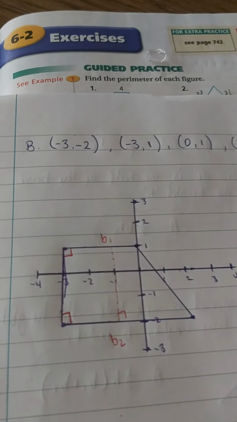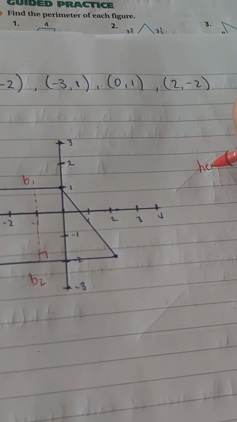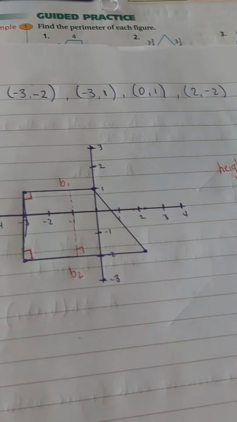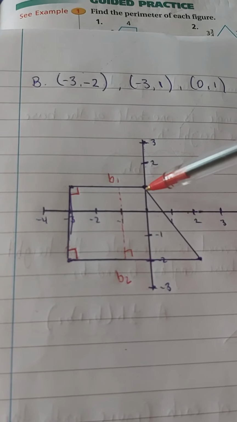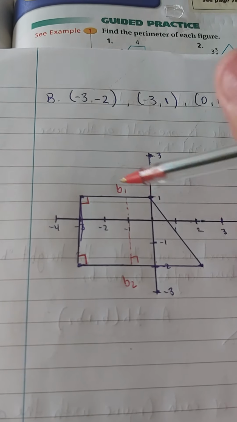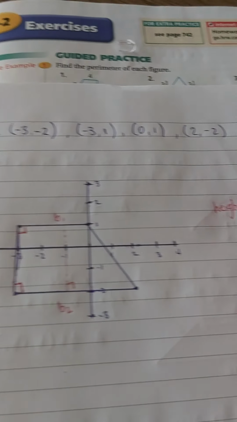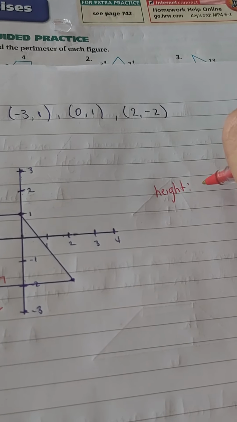Now, let's find the length of the height. The height goes from 1 to -2. So the height will be 1, 2, 3. The height will be 3.